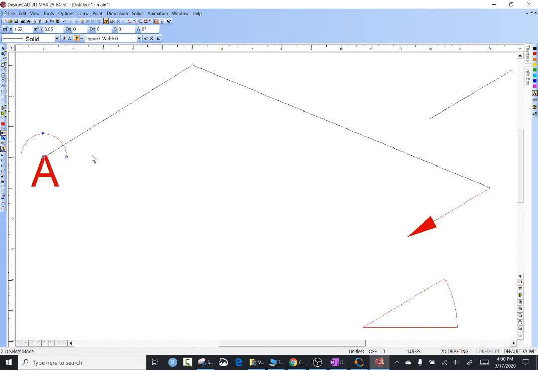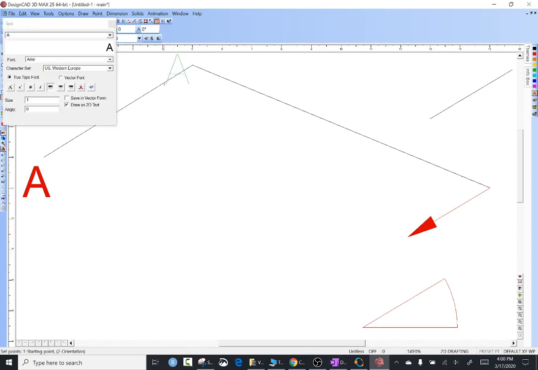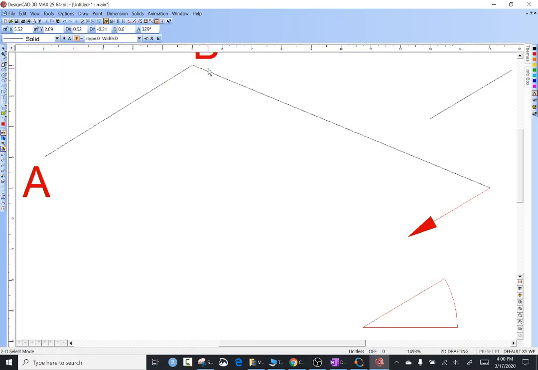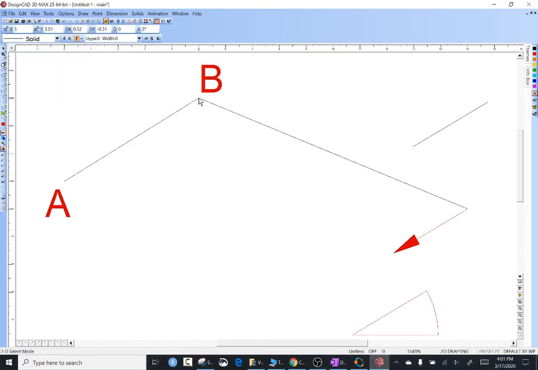Velocity A, non-existent, meaning that the velocity at point B is perpendicular to the line from B to A.